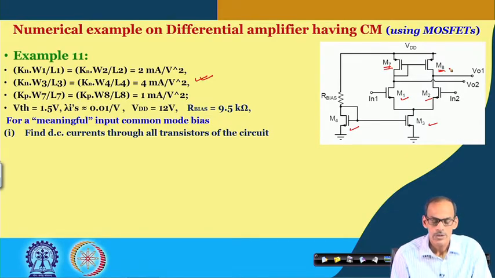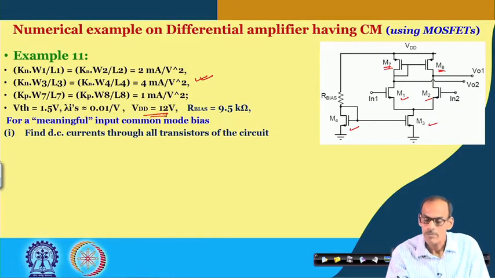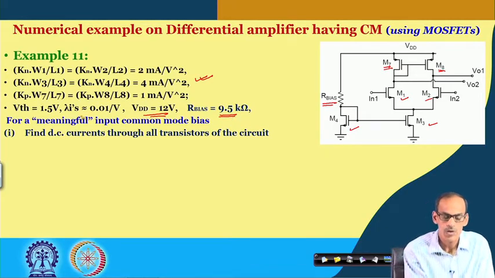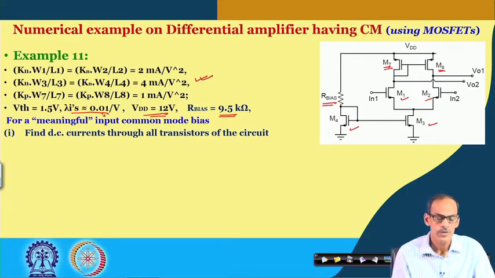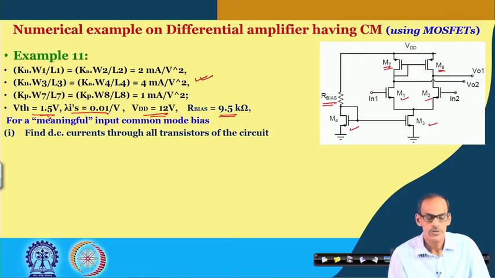The supply voltage is 12 volt, bias resistor is 9.5 K, and let me consider all the lambdas are 0.01 per volt. The threshold voltage of all the transistors is equal to 1.5.